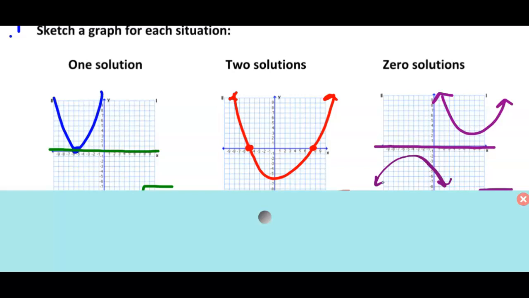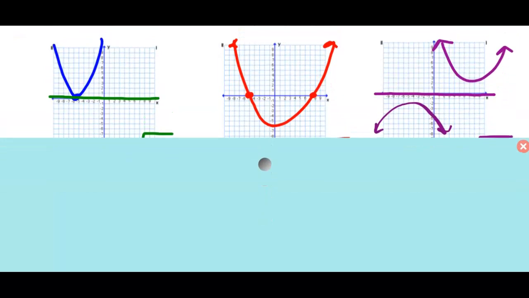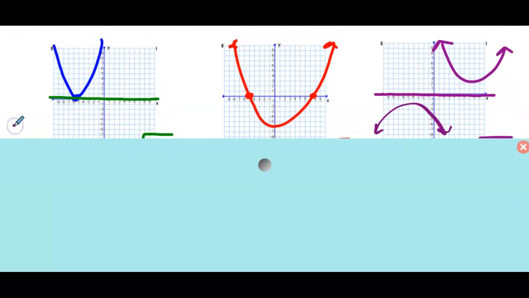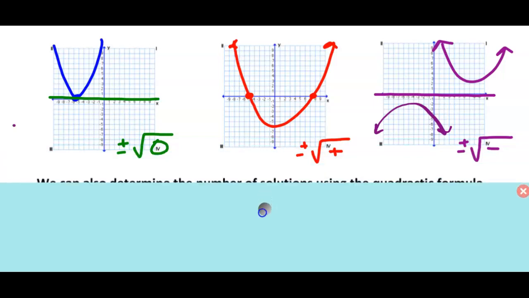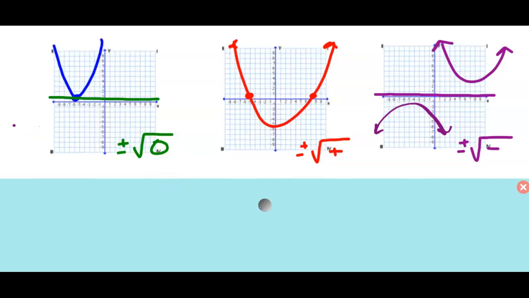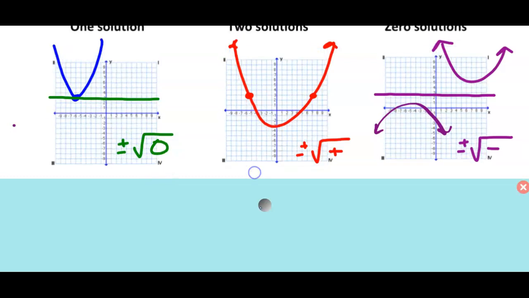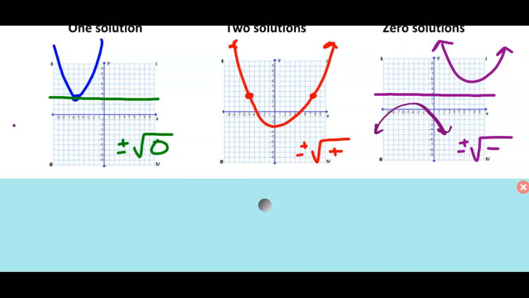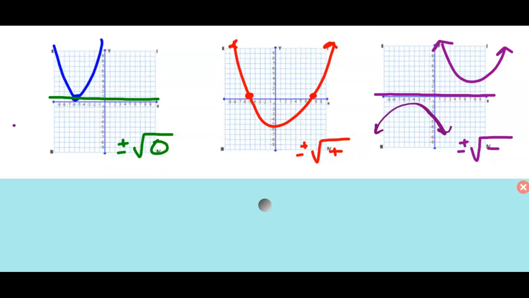So we know that. When we were looking at our quadratic formula, we also made a connection: when we have one solution, the number underneath our radical is 0. When we have two solutions, the number underneath our radical is positive.